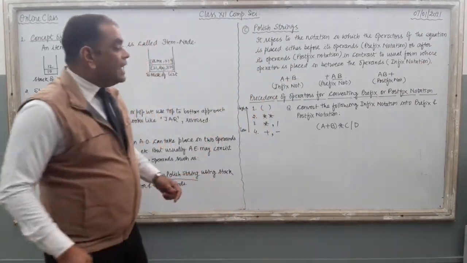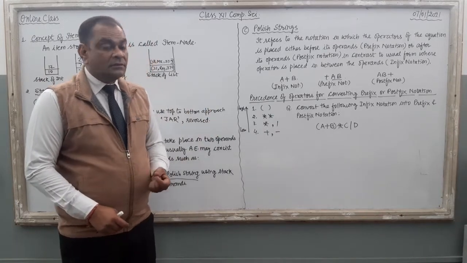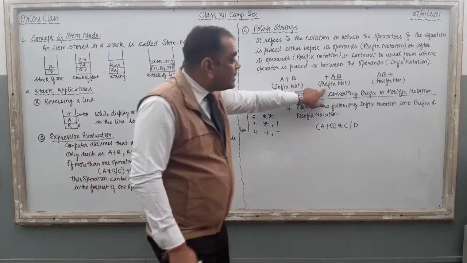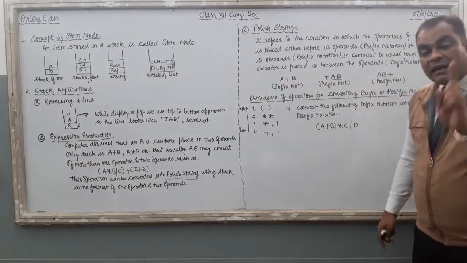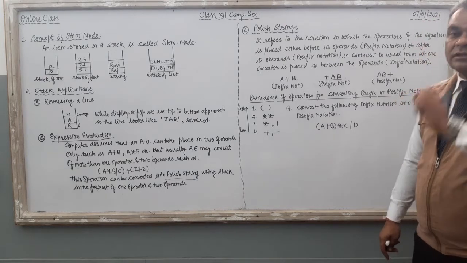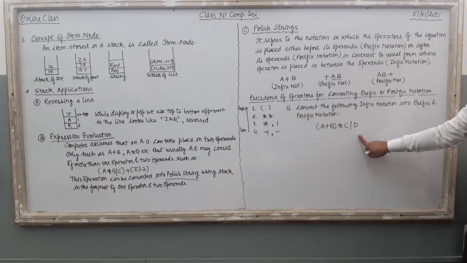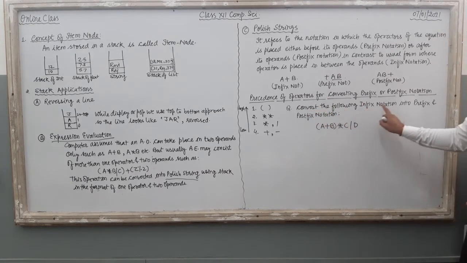Right? Now, the next concept is how we can convert a normal equation into prefix as well as postfix notation. Yes, it is a question of 2 marks according to CBSE. One equation is there in the question paper, and just see what the question is here. Convert the following infix notation.